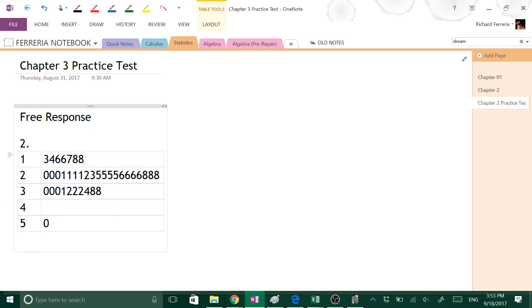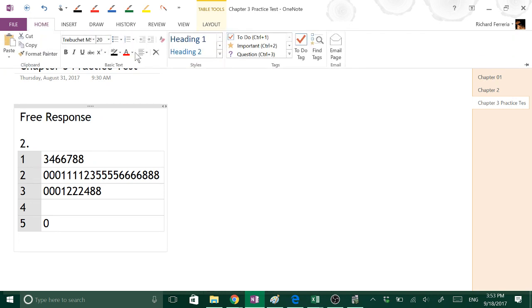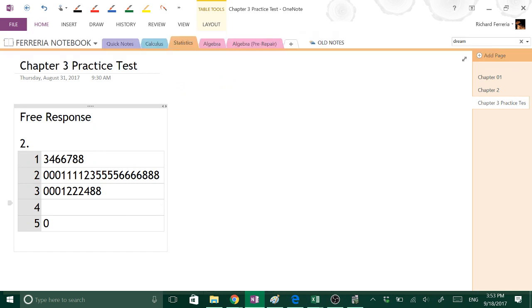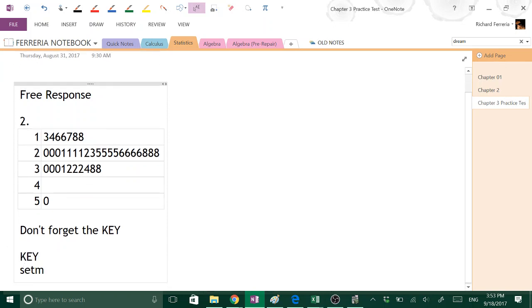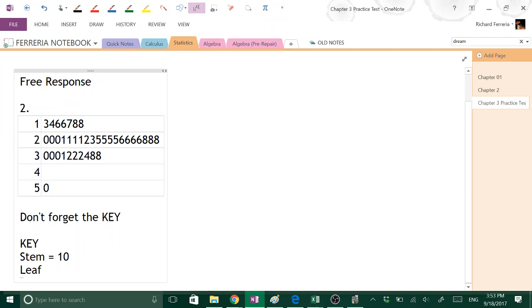There we go, that looks a lot better. Of course, you're going to need the key. So the stem is the tens place, and the leaf is the ones place.